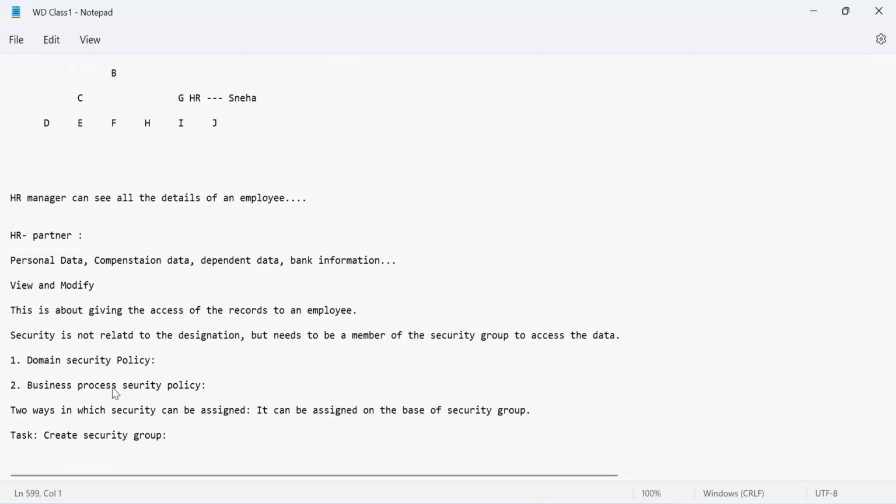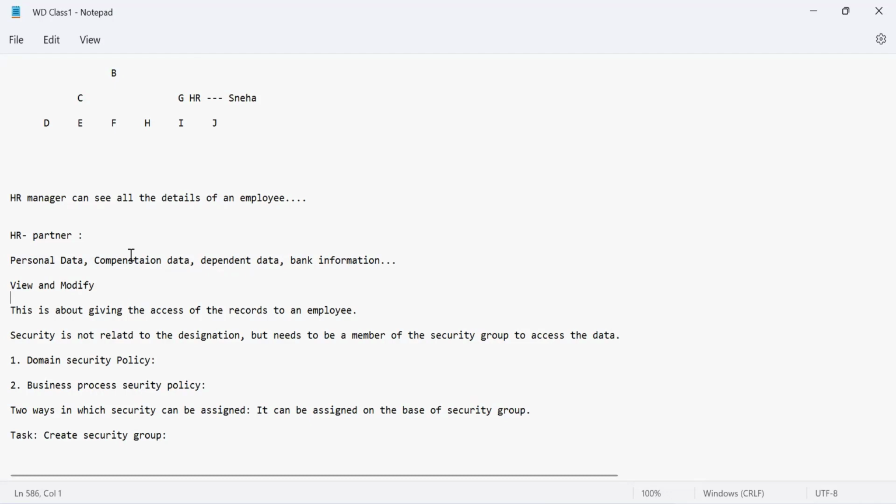In a functional area, you will have data related to personal data, compensation data, dependents, bank information. These are all your functional areas. There is a specific section for HCM functional area, finance functional area, and Workday Student functional area. We will categorize that, but we will only look into HCM, and very specifically the core HCM part.